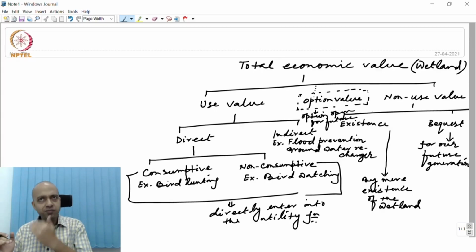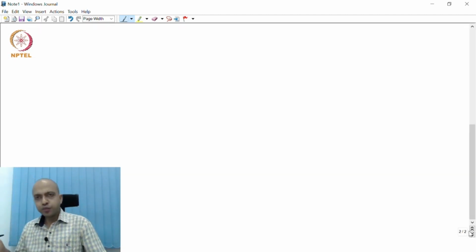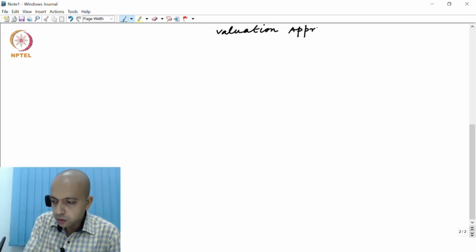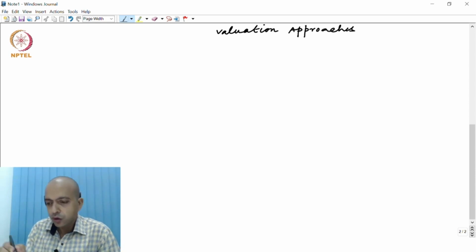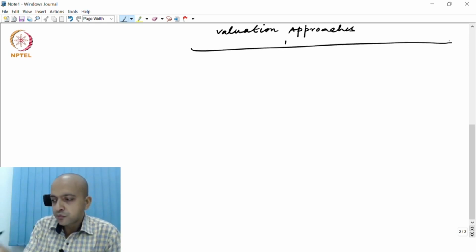Now let us talk about the different approaches to estimate or to capture total economic value of environmental goods and services. So basically, when I talk about valuation approaches, we have mainly three categories.